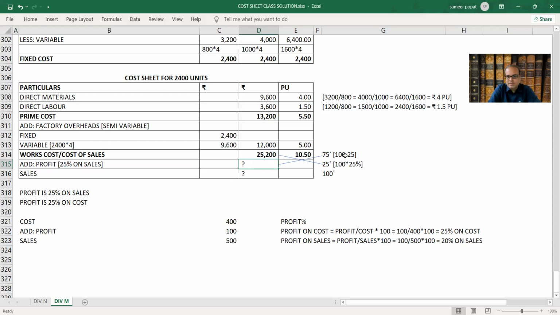So 25,200 is 75. So how much would be 100? Here also you can cross multiply.